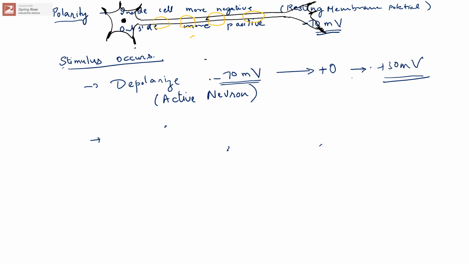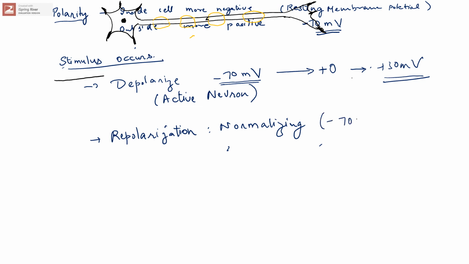Now, another term you need to remember is repolarization. Repolarization is the term used for normalizing the cell. For a cell at a resting stage, the normal condition is a negative 70 millivolt charge because the inside is a lot more negative than the outside, right?